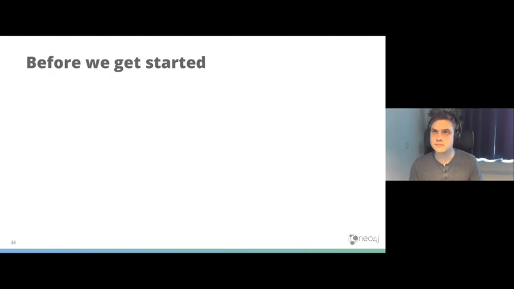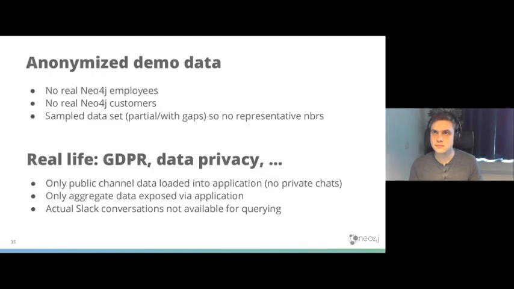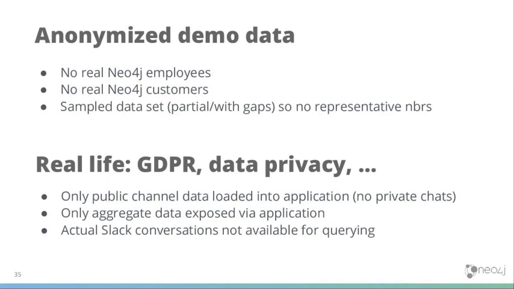Okay, before we get started, I want to highlight that the demo you'll see is anonymized. You won't see real Neo4j employees or customers, and you'll only see partial data. Actually, I'm not sure if you will notice, but if you look carefully, you'll see that the data is sometimes incomplete. There are gaps.